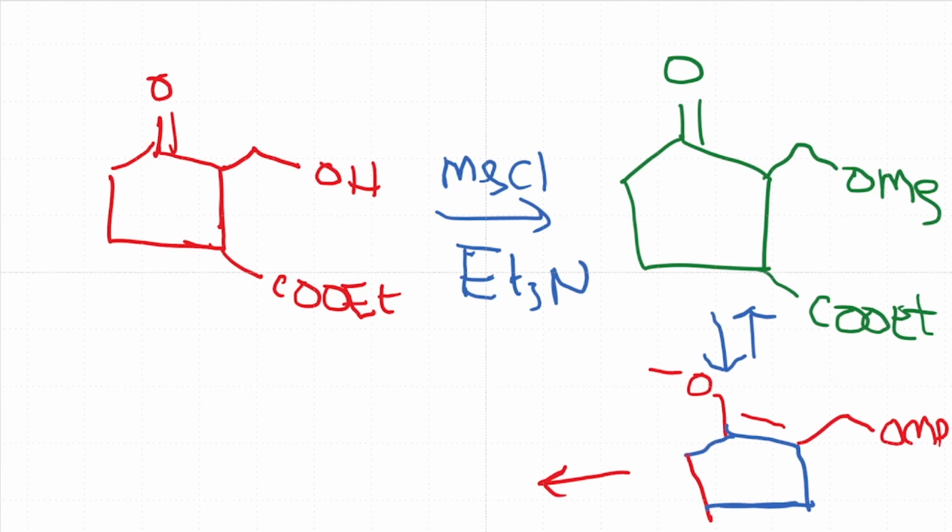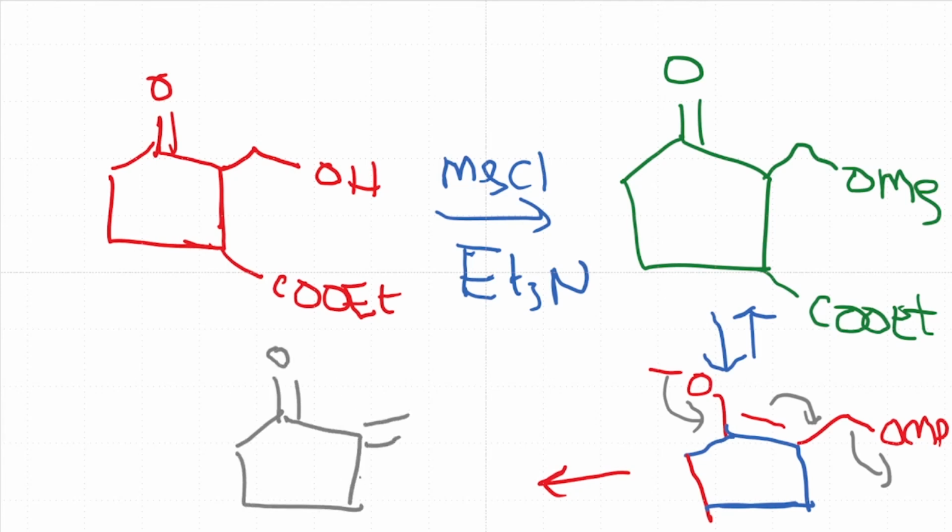And based on the mechanism that we have already looked at, this is going to rearrange, kick out, and give you the final product, which is the alpha beta unsaturated ketone. Okay, and in this case the reaction yield is 100%.